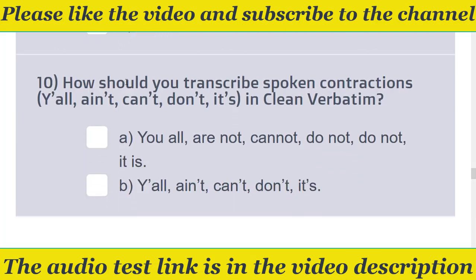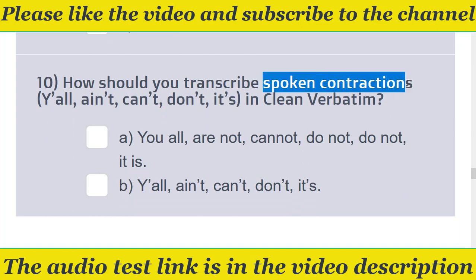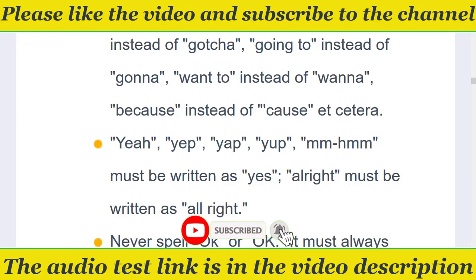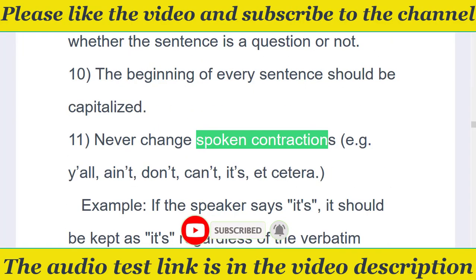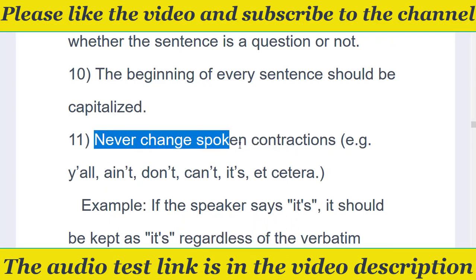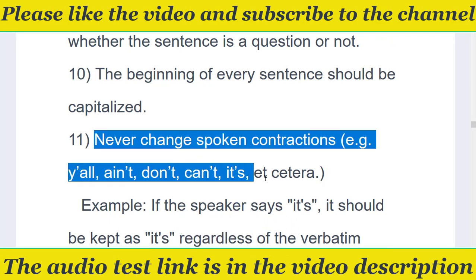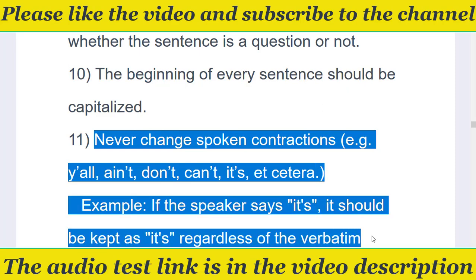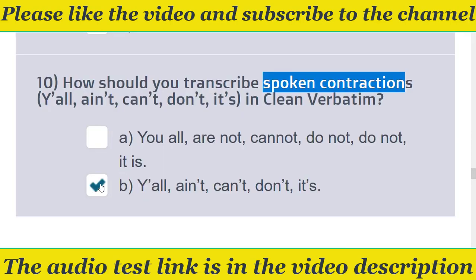And the 10th and last question, how should you transcribe spoken contractions in clean verbatim? So we simply check in here. Here it says never change spoken contractions, that's it, regardless of the verbatim. So that's why this B option is correct.